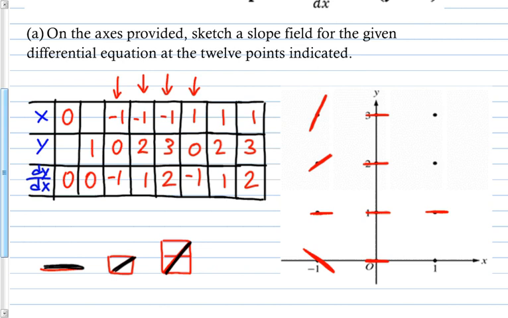So 1, 0 is also negative 1. And then 1, 2 is positive 2. Wait, did I say that right? Or sorry, it's positive 1. There we go. And then 1, 3 is positive 2. So, okay. And there you go.